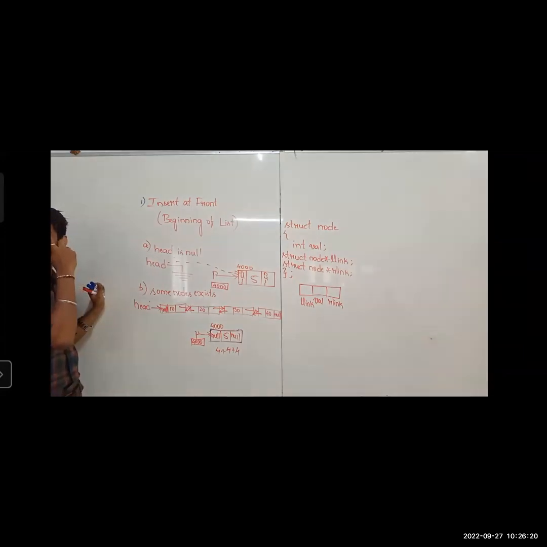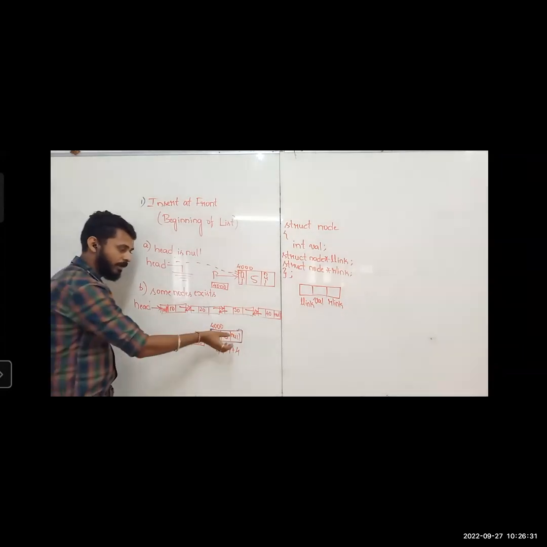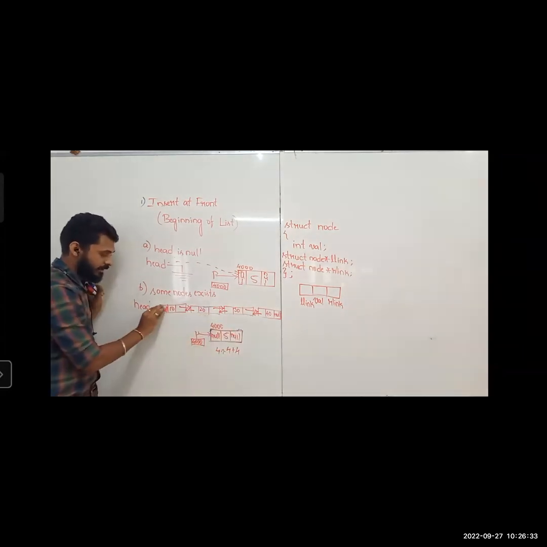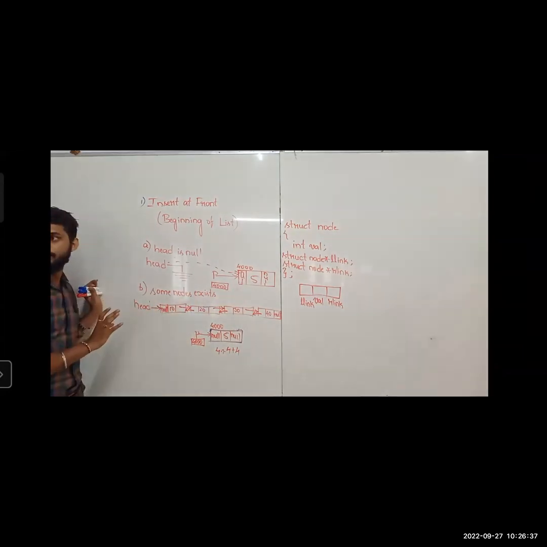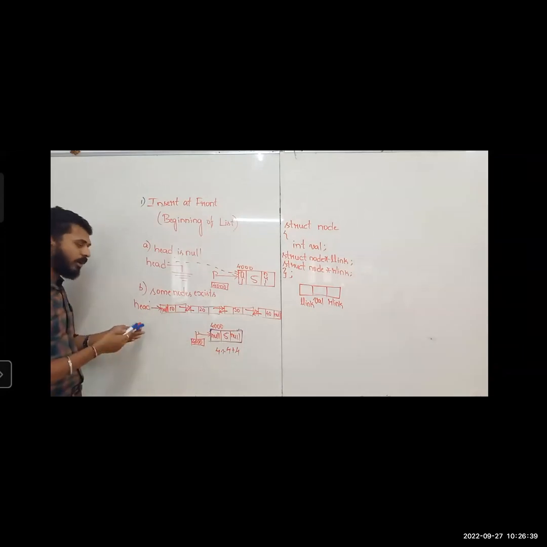Why? Because I'm trying to add it at the beginning, so I'm not getting 3 nodes. Else I would have got 3. So now when I want to add it here, I want to play with this part of the link and this part of the link. Rest everything is already connected. Any other changes? No.